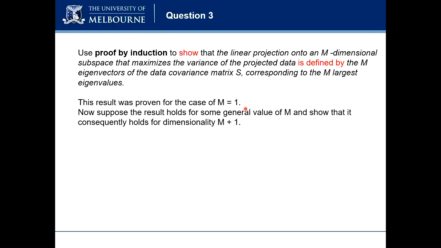We have shown it for m equals 1. Suppose this result holds for any general m. If we show that it still holds for m plus 1, given that it holds for m, that's the proof by induction, right? Because it holds for 1, it holds for m plus 1, so it holds for 1, 2, 3, 4, 5, until infinity.